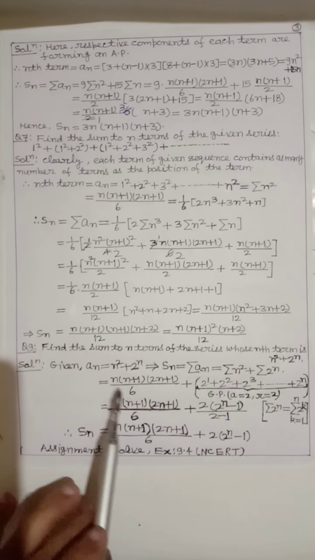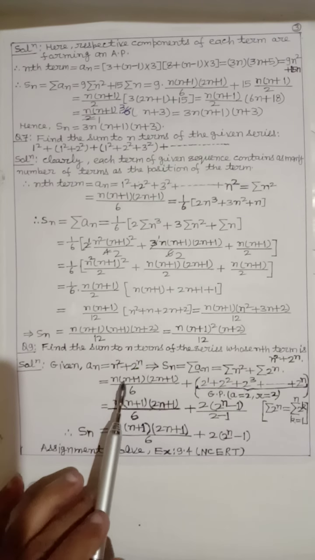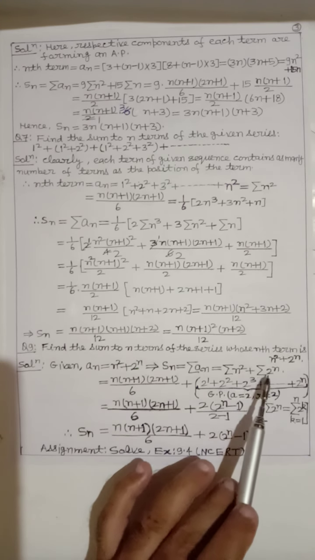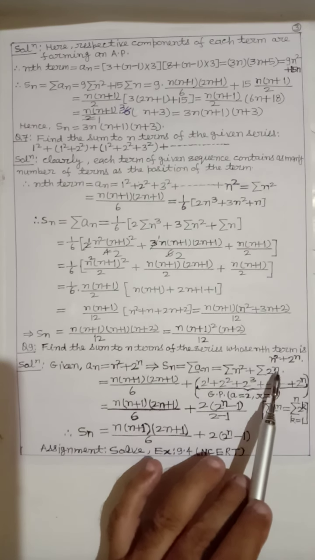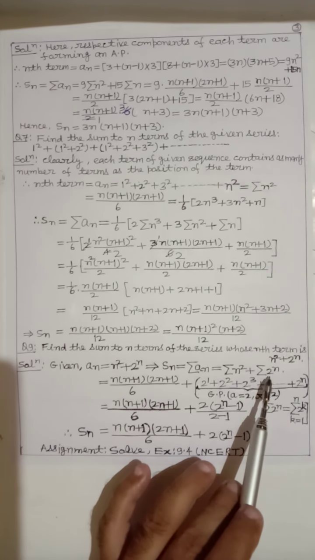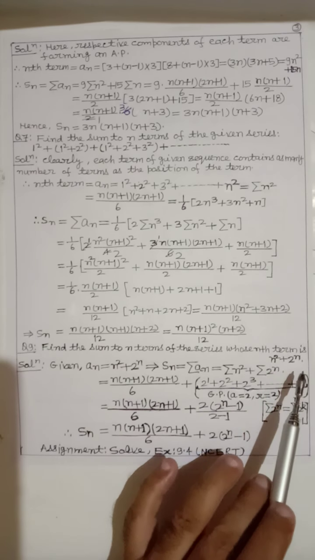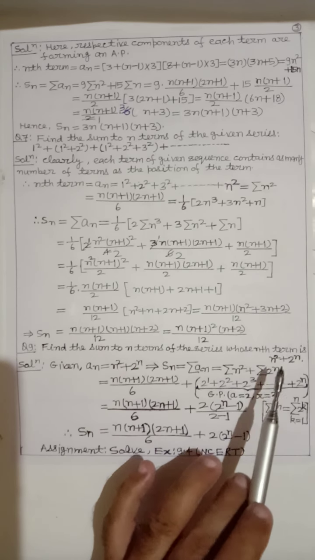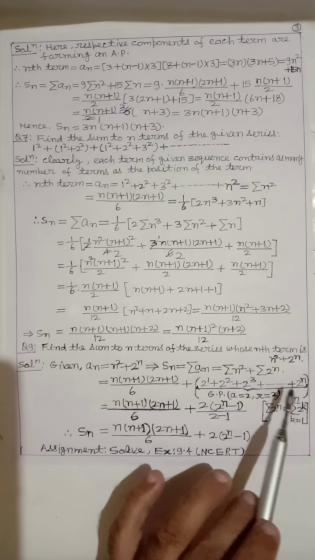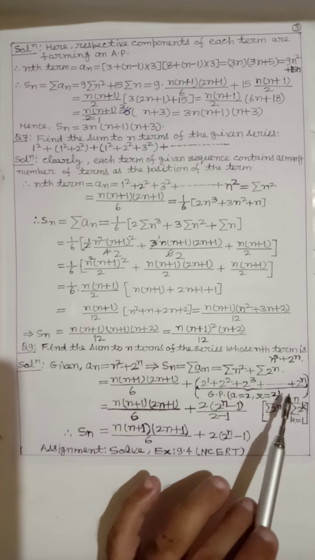So we write, and already we know the value of this here, n into n plus 1 into 2n plus 1 by 6, plus here summation 2 to the power n, and this can be written as summation 2 to the power k, where k varies from 1 to n, means we put the values of k as 1, 2, 3, 4, 5 and so on up to n.